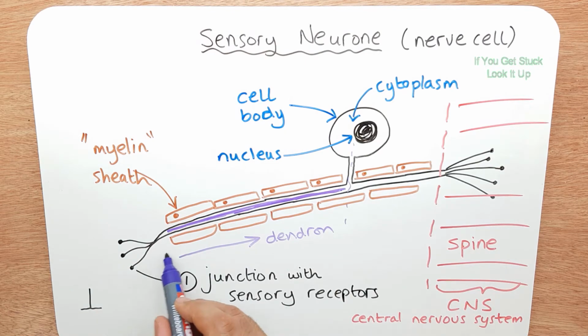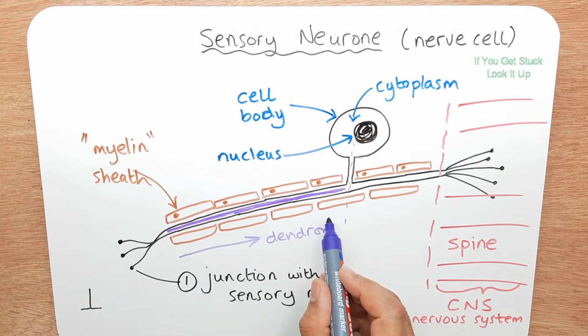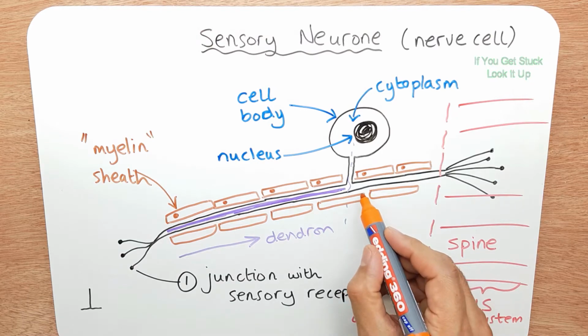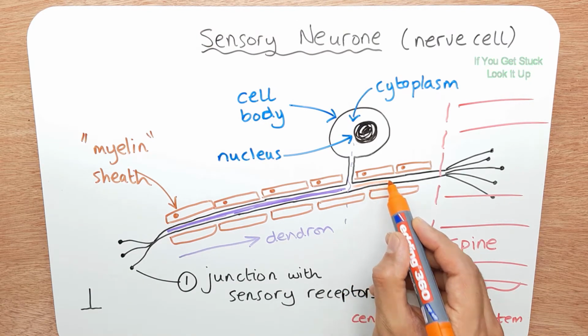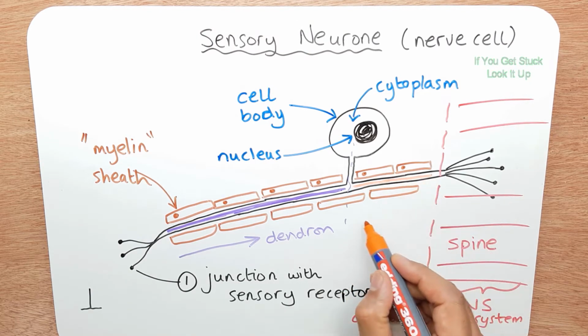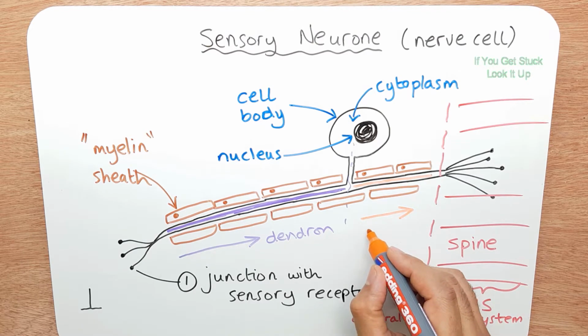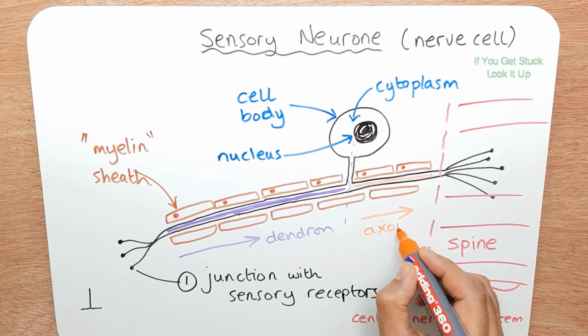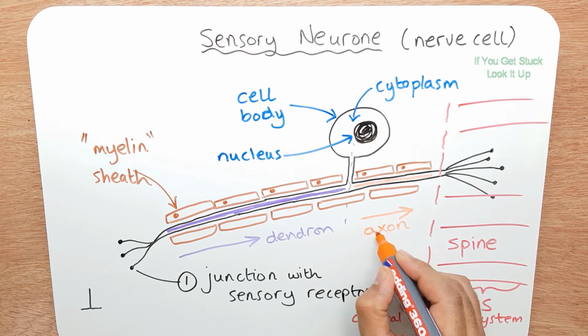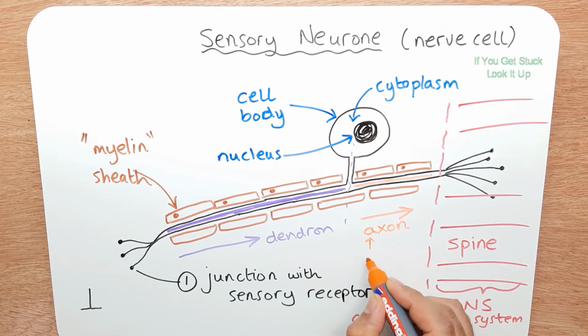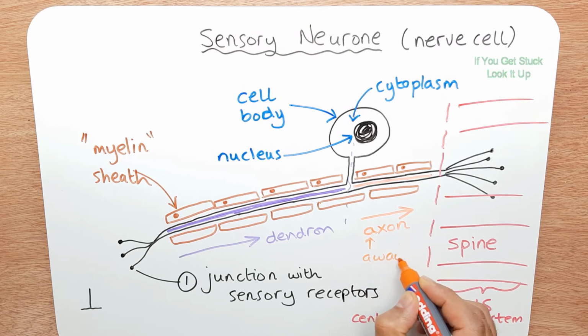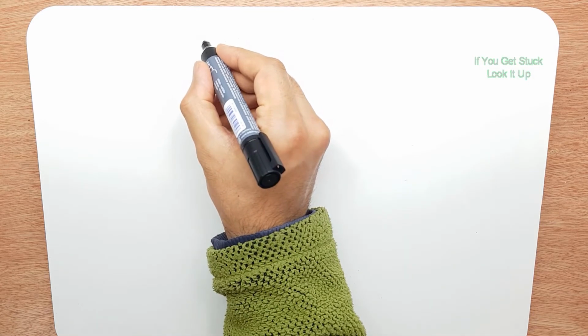So the impulse is running up this way along the dendron. Once it's gone past the cell body and it's going away from the cell body, it's called an axon. Axon is away, so just remember that. Dendron is towards.